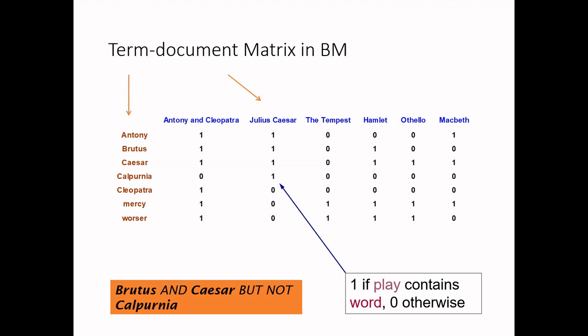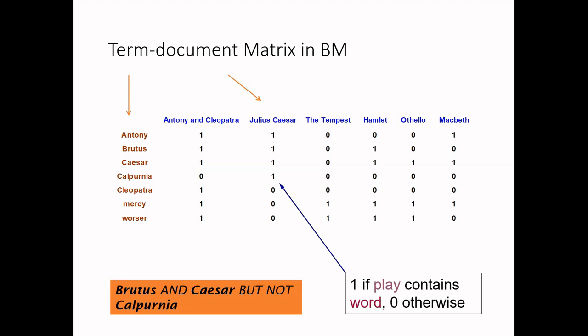If you look at, for example, the Julius Caesar play, the first 4 entries are ones and the bottom 3 entries are zeros, indicating that the first 4 characters, Antony, Brutus, Caesar, and Calpurnia, are present in that play, while the remaining 3 characters, Cleopatra, Mercy, and Worser, are not there. All right. So the idea is that one can generate a term document matrix of this type and use that to do the query.